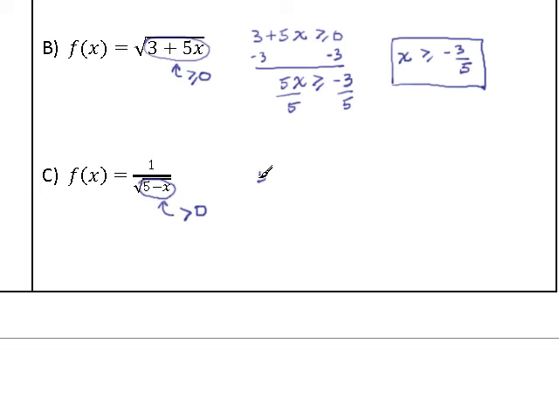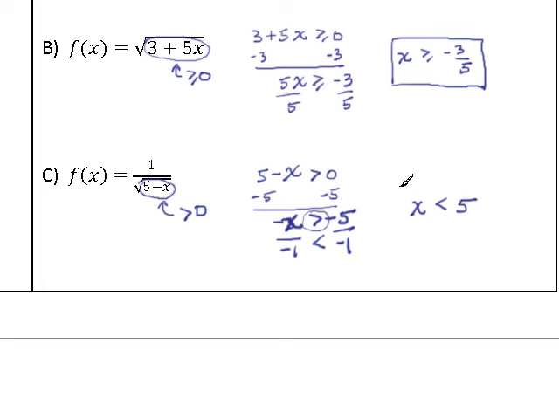All right, so we're going to write down 5 minus x greater than 0. Okay, if you subtract 5, we have minus x greater than minus 5. And if we divide that by negative 1, all right, dividing by a negative, we have to switch the direction here. So we get x less than 5. And that's our domain.